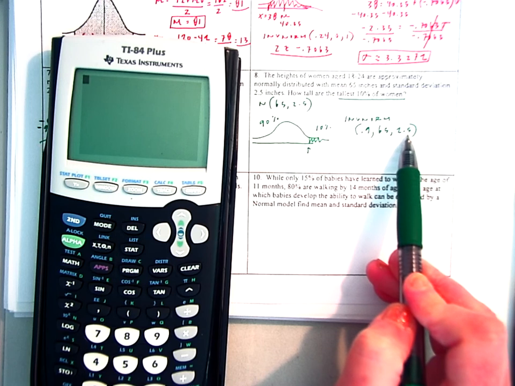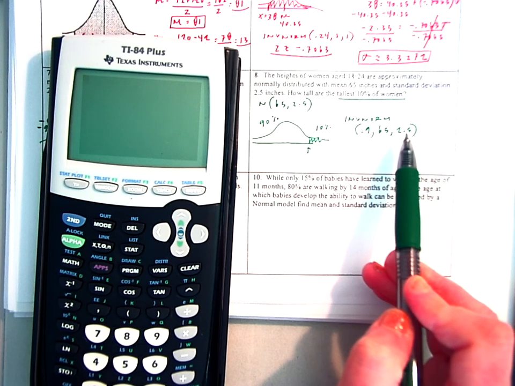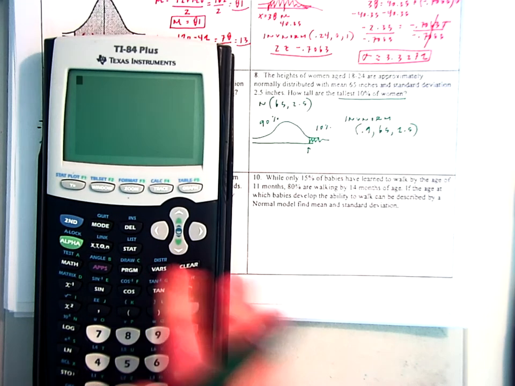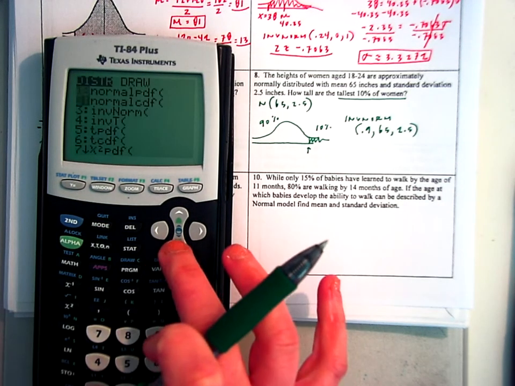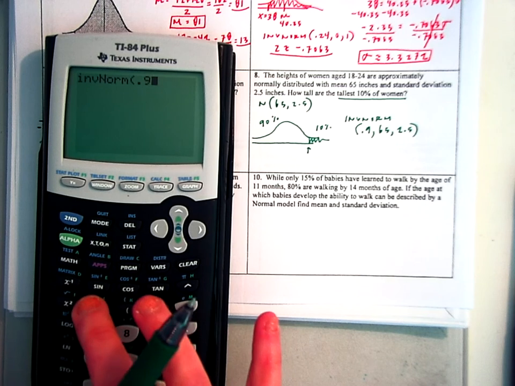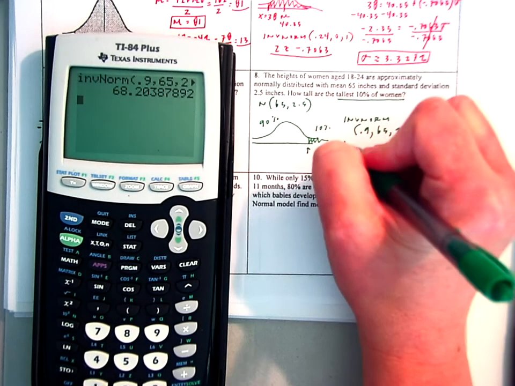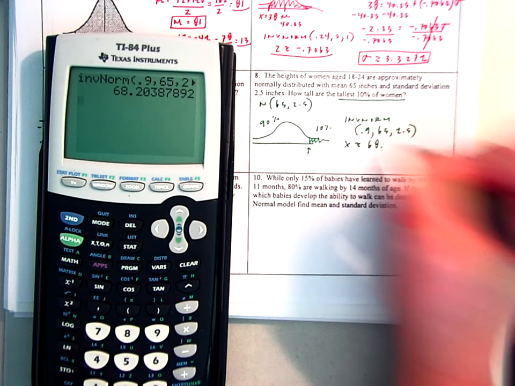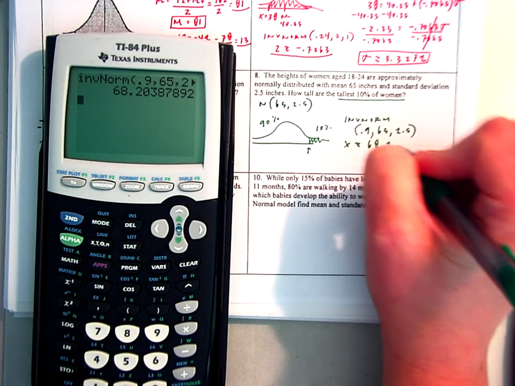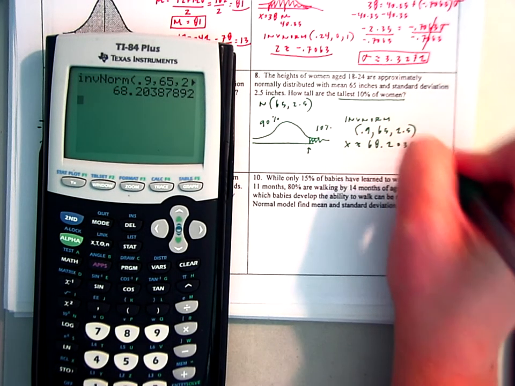That would give me the z-score, and then I still have to use some algebra to get my x value, my observation value. So again, I'm all about the shortcuts at this point. So inverse norm 0.9, 65, 2.5. So that's going to give me an x value, my observation, of about 68.2039. And my units are inches.